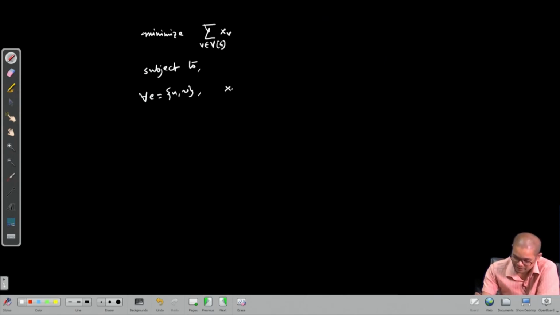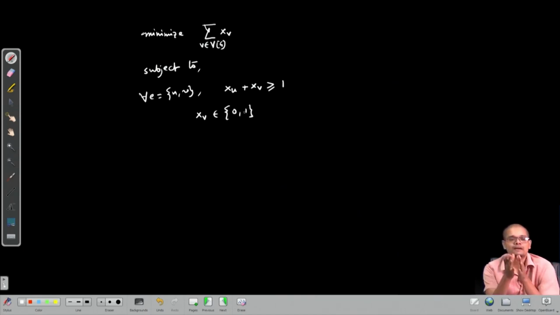That means xu plus xv is greater than or equal to 1, for each edge. If I have m edges, I have m constraints, and the variables take value in 0, 1.